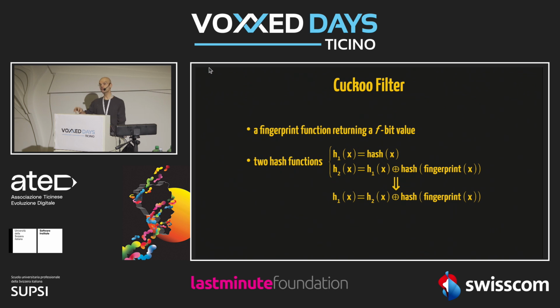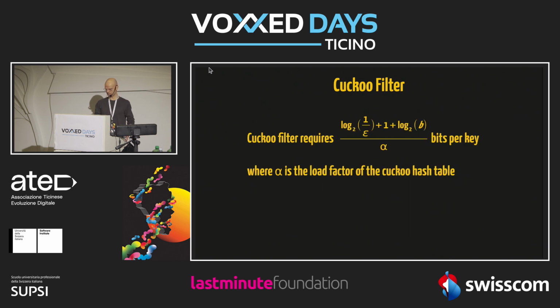So this is how we get the alternate location even if we don't have the complete data in there. And here is where the probabilistic part comes out, because from a whole object we just get its fingerprint, and of course this may have collisions, which is the basis of the false positive stuff.